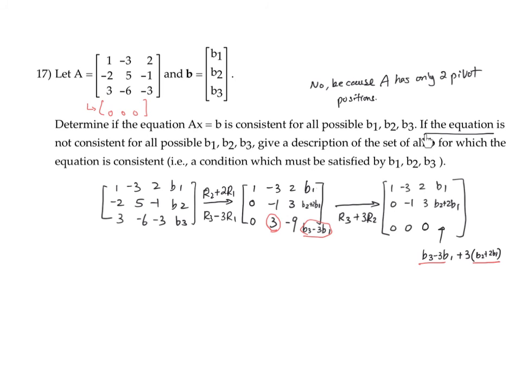Then what must be the b so that the equation is consistent? So here this has to be 0. That means this has to be 0. So let's simplify that. b3 minus 3b1 plus 3b2 plus 6b1 has to be equal to 0. And then let's combine these together. So 3b1 plus 3b2 plus b3 equals 0.